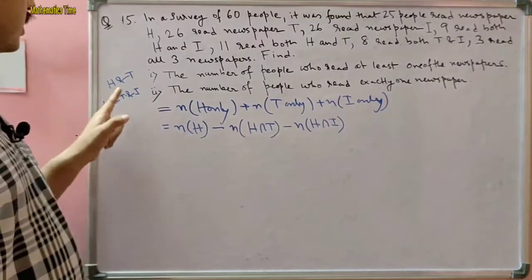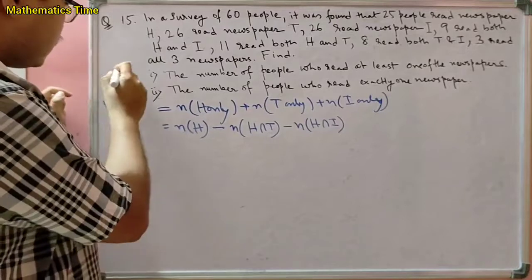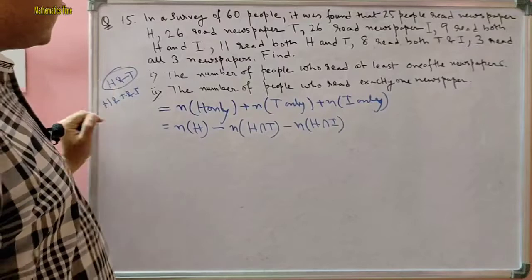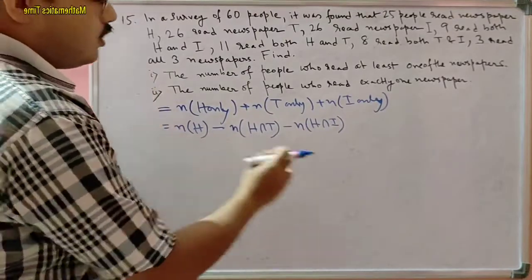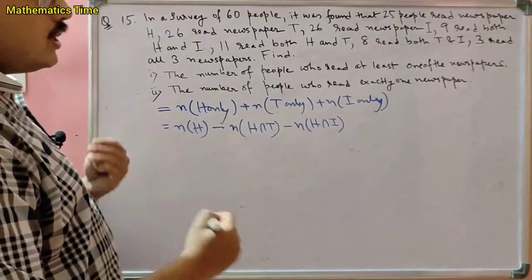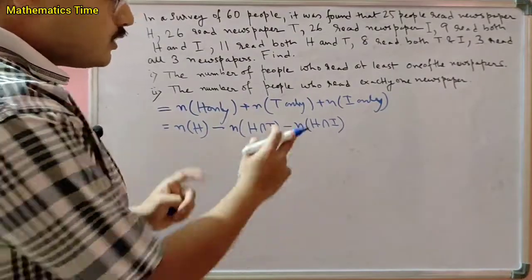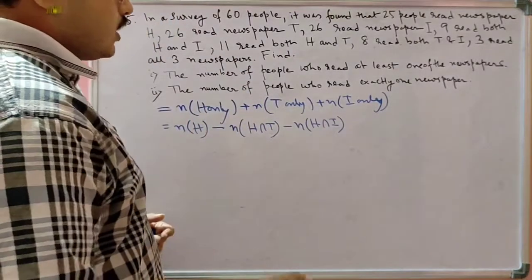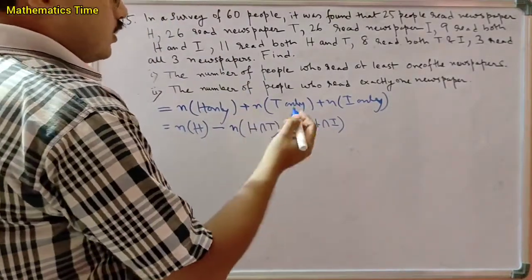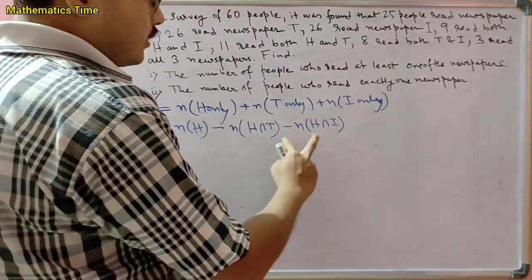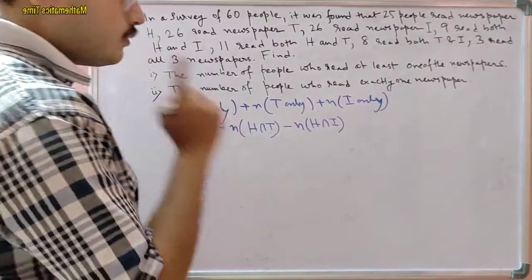Similarly, in the set of H intersection I, that means the people who read H and I, there are some people in this set who read all 3 newspapers, that is H, T and I. So we are eliminating the 3 newspaper readers 2 times, but we have to eliminate them only once.